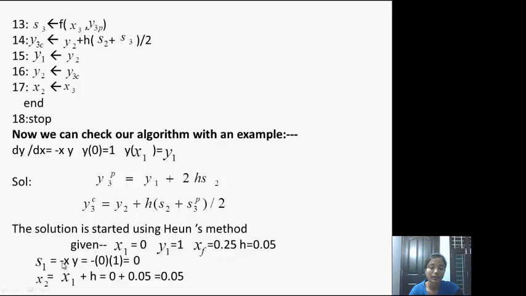By this we can find the value of s1, that is the slope at the initial point, minus x times y, where x1 is 0 and y1 is 1, so our value of s1 is 0. The value of x2, that is x1 plus h, is 0 plus 0.05 equals 0.05.